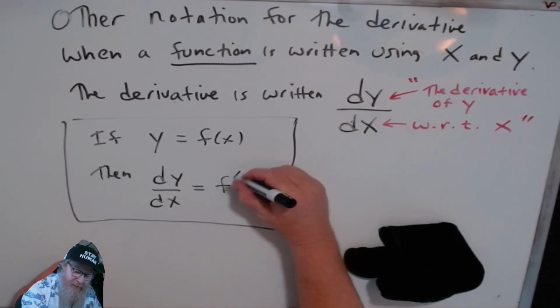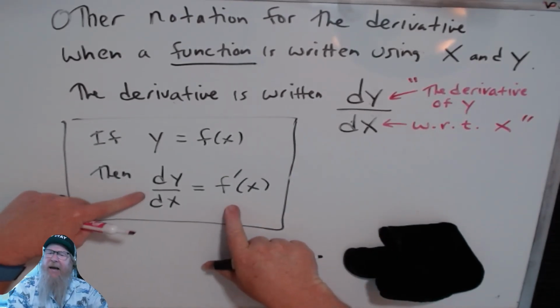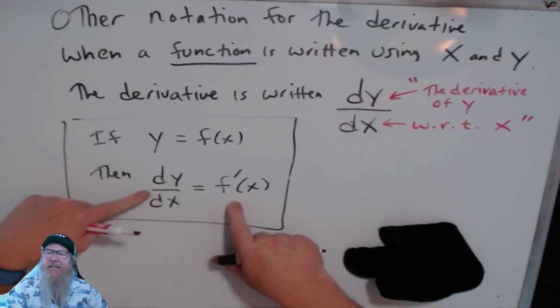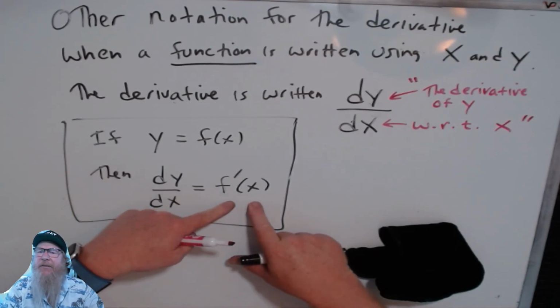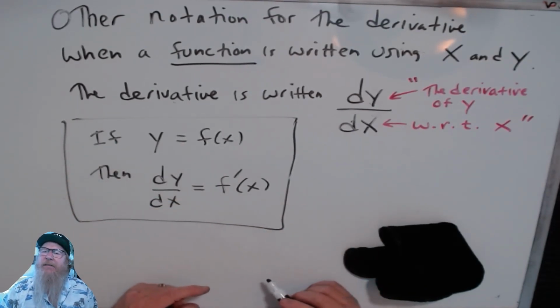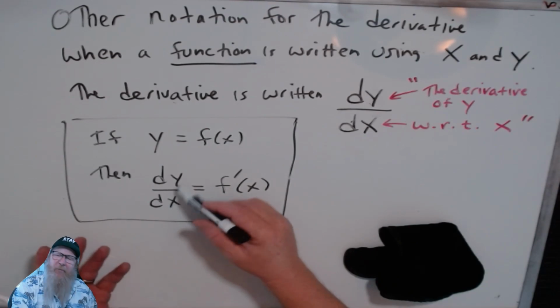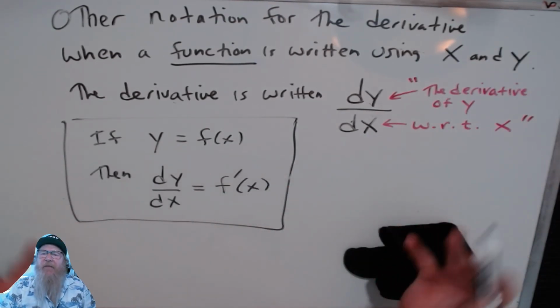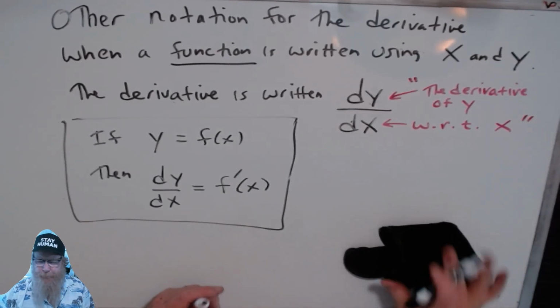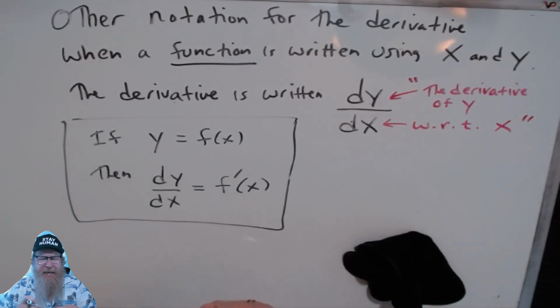Well, in calculus, I will spend a great deal of time convincing you that these mean the same thing. Sometimes I will say dy dx, and sometimes I'll say f prime of x. The derivative of y with respect to x is the same as the derivative of the function f of x.